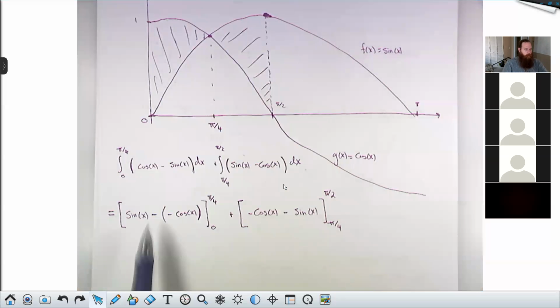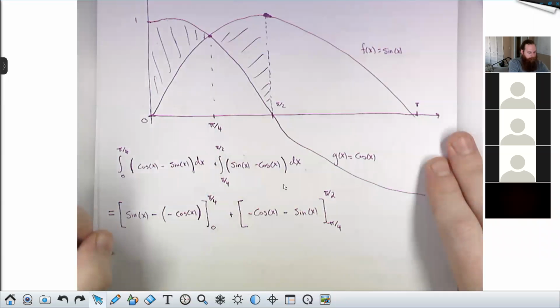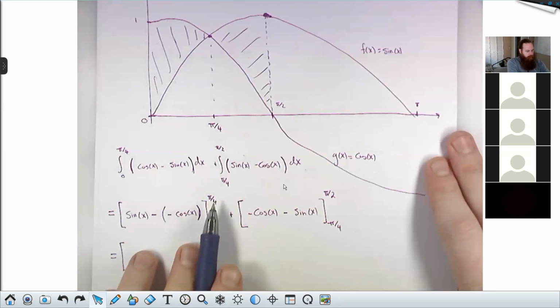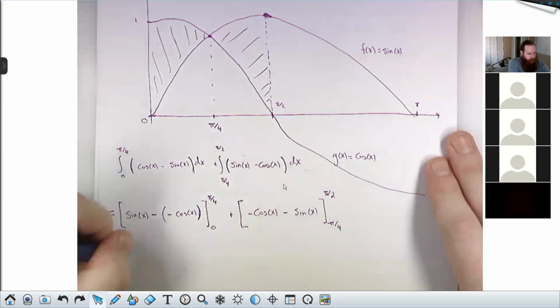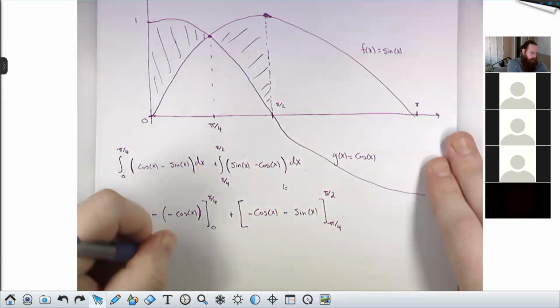Now, for my money, it's worthwhile taking this minus minus here and making that a plus. Let's go ahead and plug in. So this is sine x plus cos x. When I evaluate at pi over 4, this will be sine pi over 4 plus cos pi over 4.